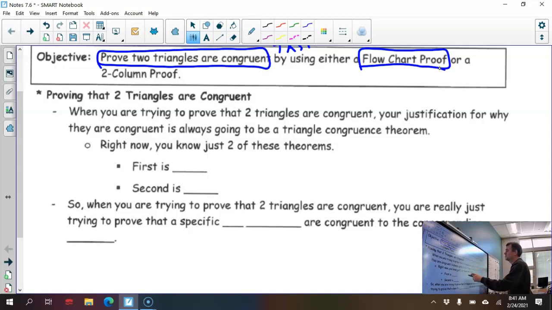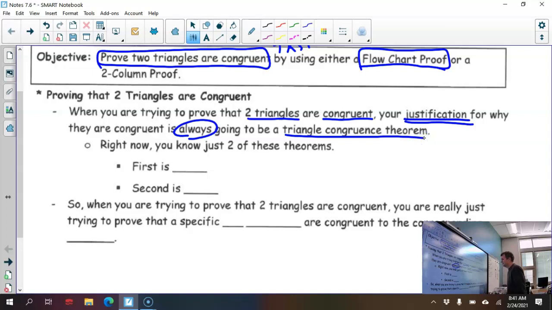When you are trying to prove that two triangles are congruent, your justification for why they are congruent is always going to be a triangle congruence theorem. Right now, you know two triangle congruence theorems, just two. The first one we learned was the angle side congruence.